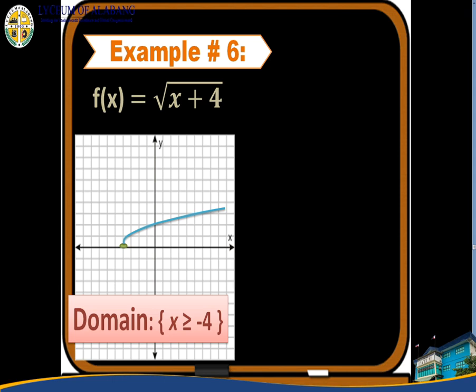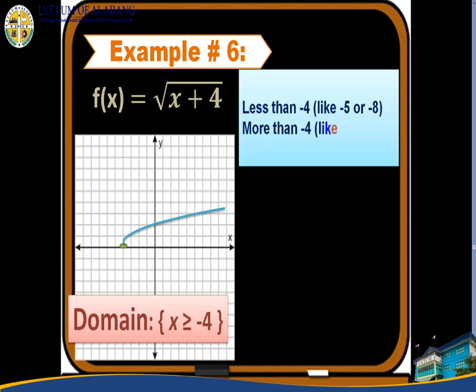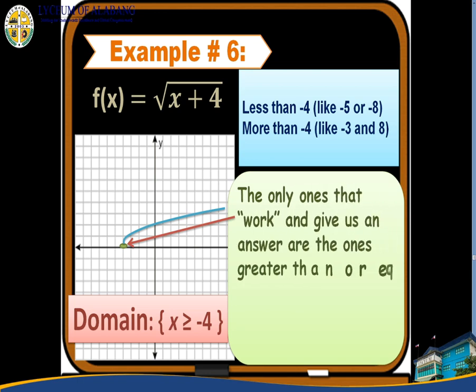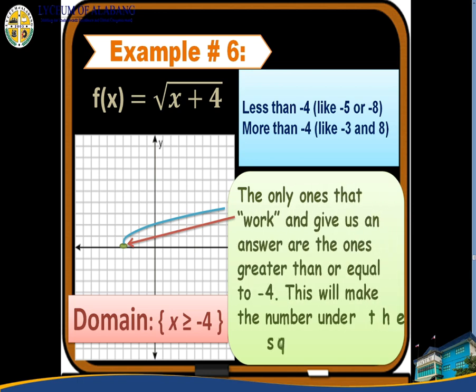To see why, try out some numbers less than −4, like −5 or −8, and some numbers more than −4, like −3 and 8, in your calculator. The only ones that work and give us an answer are greater than or equal to −4. This will make the number under the square root positive.